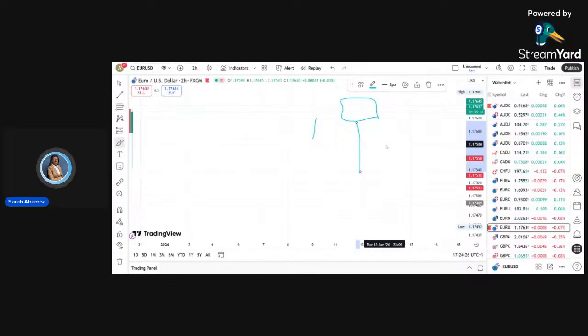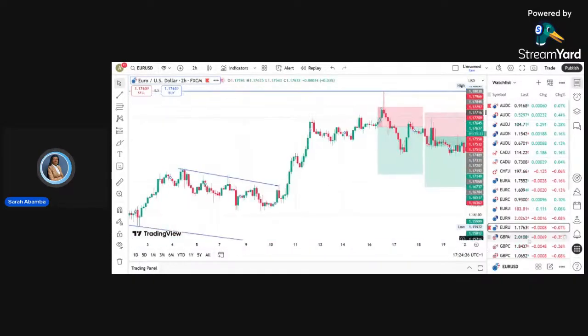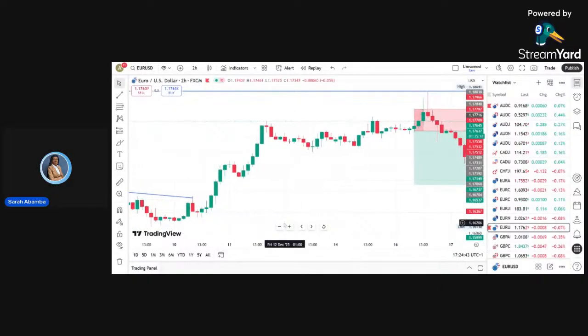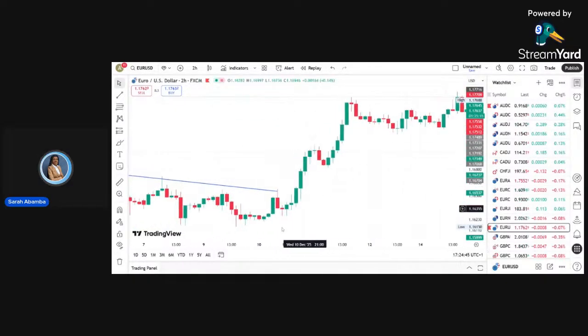Look at the shadow. You see that the shadow is very long. Unlike normal candlesticks, let me show you. Normal candlesticks have a long body and small wick. If you look at these properly, you see that the bodies are long but the wicks are small.